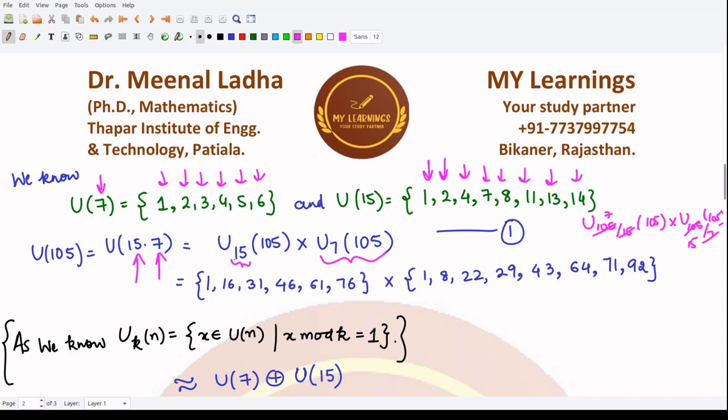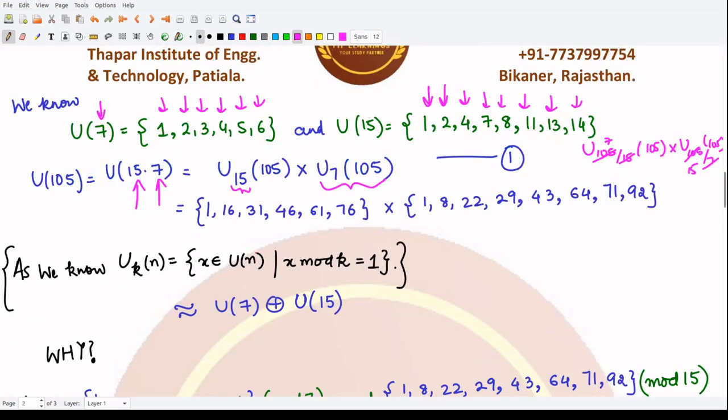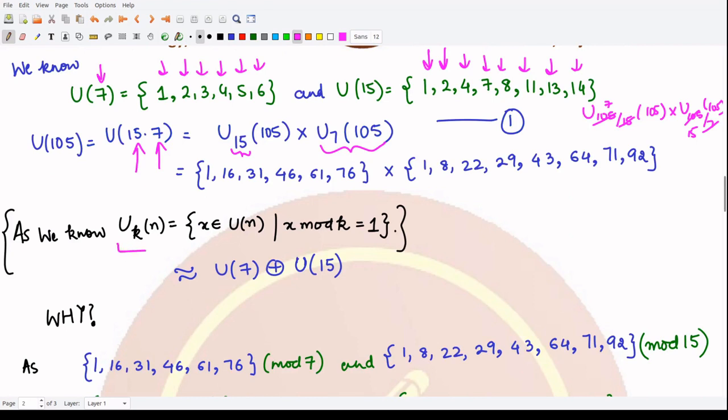Now what is this U15 of 105? If you remember, we have the definition of UKN. It contains all those members X from the group UN such that when you take the modulo of X with K, it comes out to be equal to 1, right? So this is the definition. So out of U105, which contains in total 48 elements, we have to select those elements such that their modulo with 15 is equal to 1.